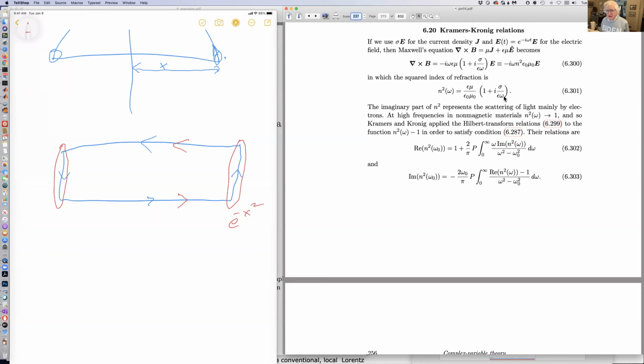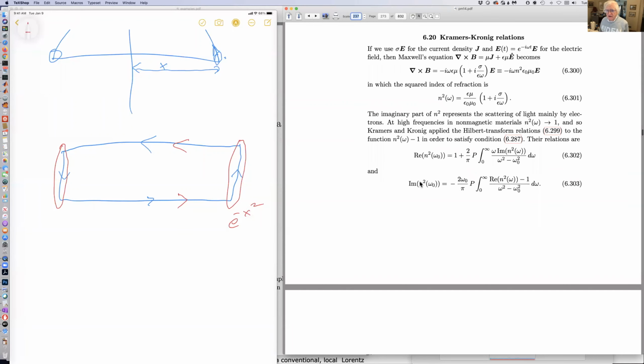And so then what you can do is apply the Hilbert transform relations not to n squared, but to n squared minus 1, because then n squared minus 1 goes down as 1 over omega. And you can argue then that your ghost contour vanishes. At this point, the Hilbert transform relations take this form.